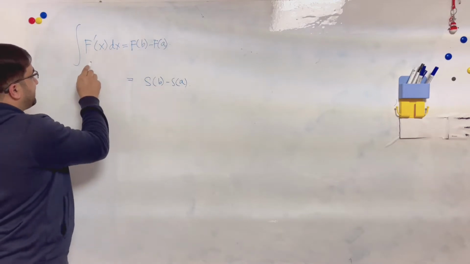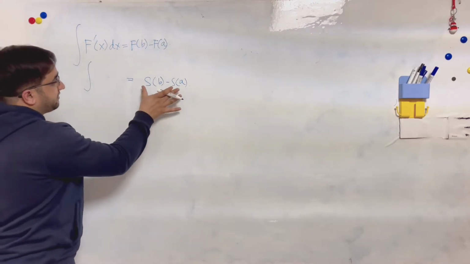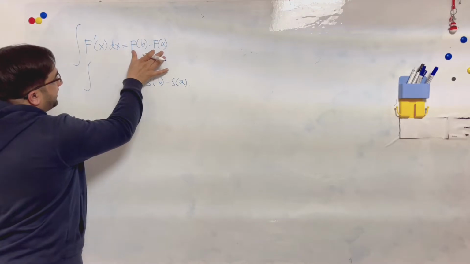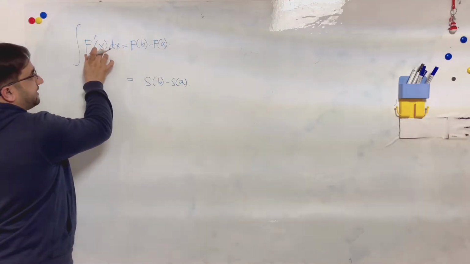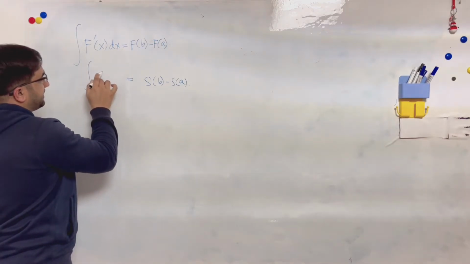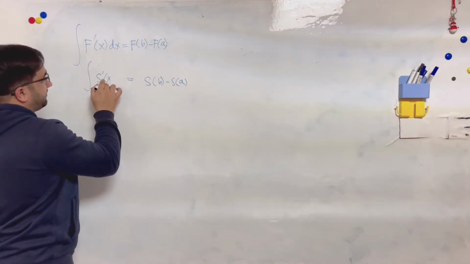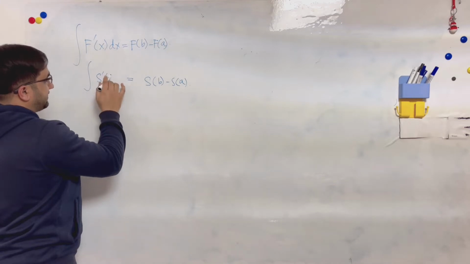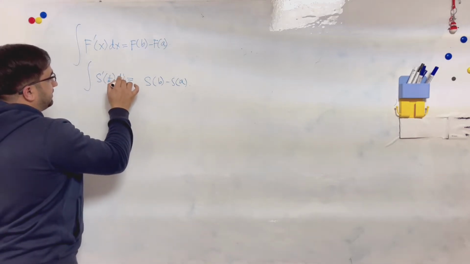So what should be inside the integral? Here it was f dash, so here it is s dash, depending on x, t, whatever the variable is.